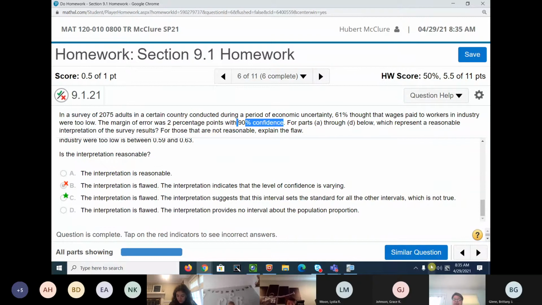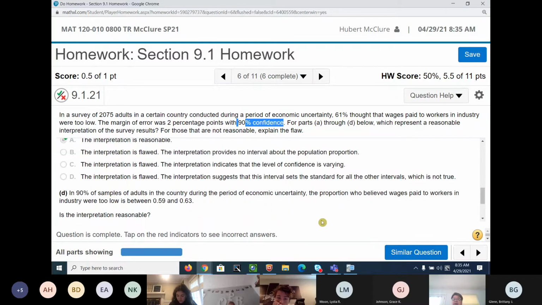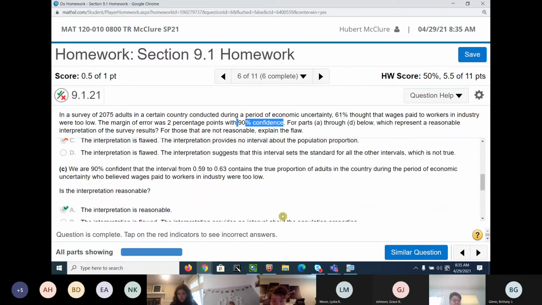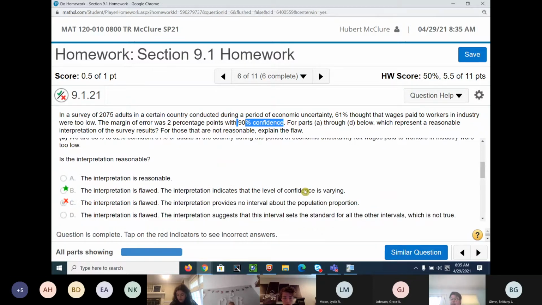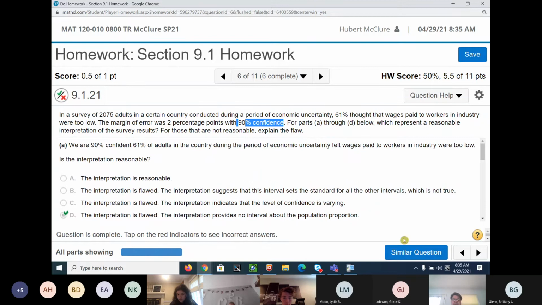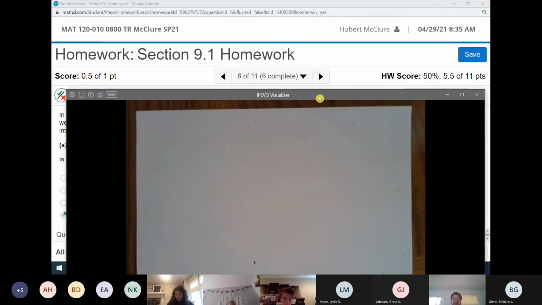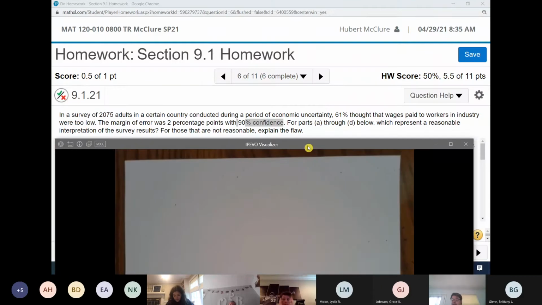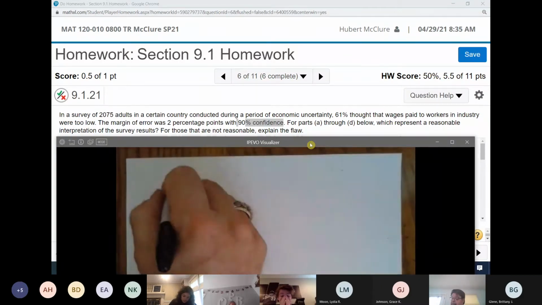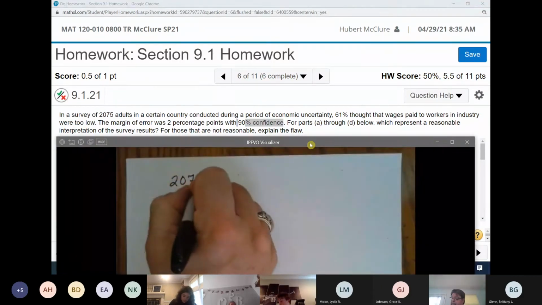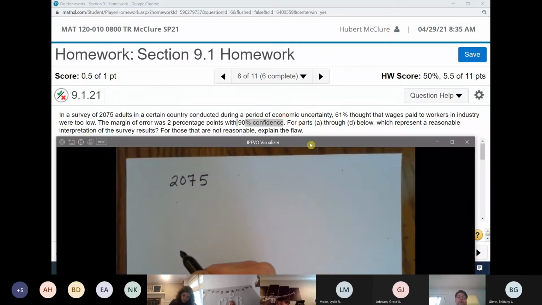Okay, are they going to ask us to do some math or what? Okay, we're going to do math anyway. Let's do N. I don't know what they're asking, so we're going to go ahead and do it. So I'm going to write down what's given in this question that's important, and you should have it already written down. What letter is 2,075?